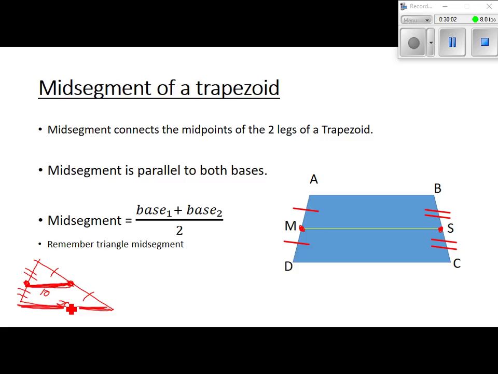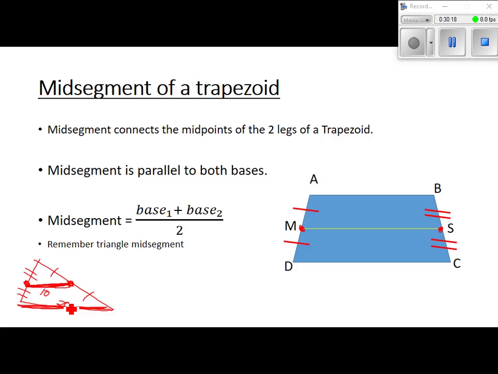Well, that doesn't quite work out for a mid-segment of a trapezoid because it's parallel to two sides. So what you have to do with those two sides is add them together, then divide by 2, and that tells you the length of the mid-segment.